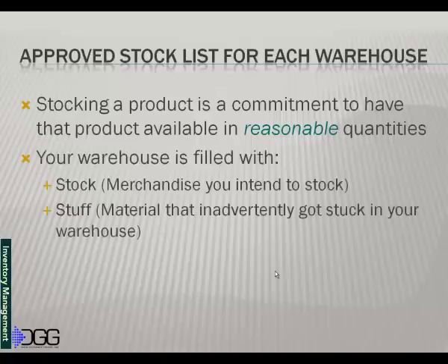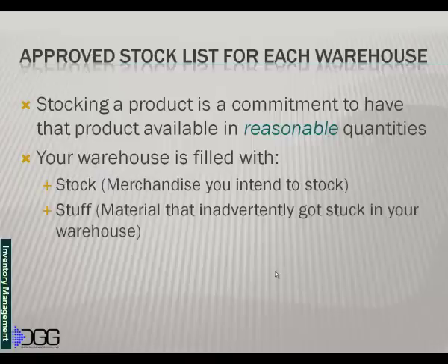The second thing is you've got to realize what's in your warehouse right now. There are 2 kinds of things in your warehouse. The first one is stock, and that's merchandise you intended to stock, that you meant to have in the warehouse. The second thing is stuff, and that's material that got stuck in your warehouse.